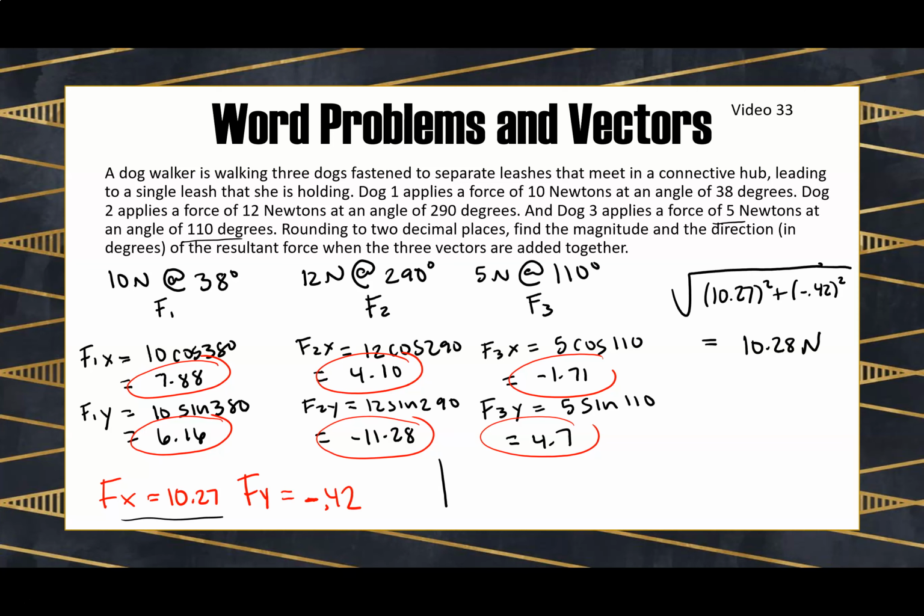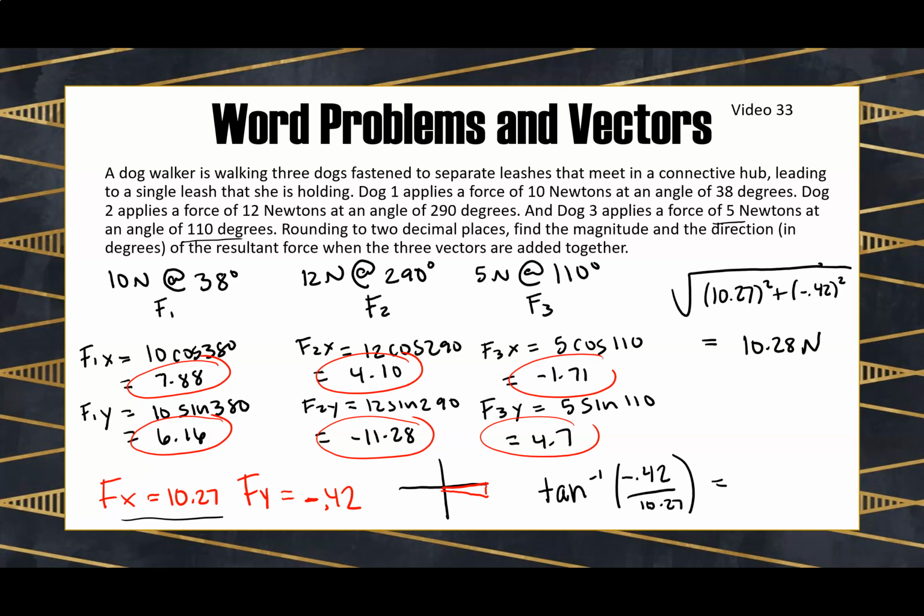Now let's go ahead and just draw a quick picture of where this is located so it can help me find the angle. So I'm left with going right 10.27, then down negative 0.42. So my angle is going to be in the 4th quadrant. Again, I recommend just using the positive values, but it's up to you. Tan inverse of f of y over f of x, so this is 0.42 divided by 10.27.